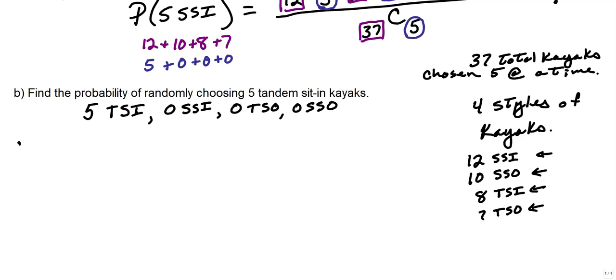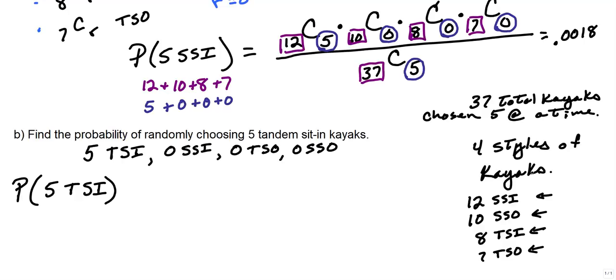Once again, the probability is going to be for 5 tandem sit-in kayaks, and I can use the same style that I used previously. We have 8 tandem sit-in kayaks, so we're going to take 8 kayaks and choose 5 of them.